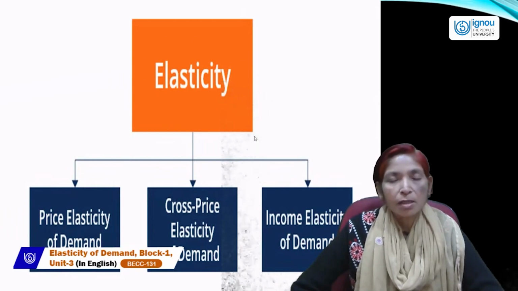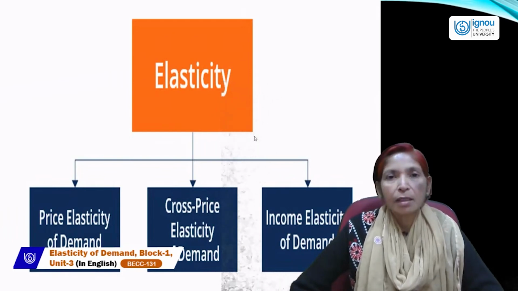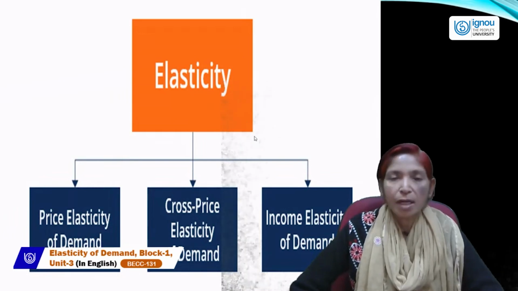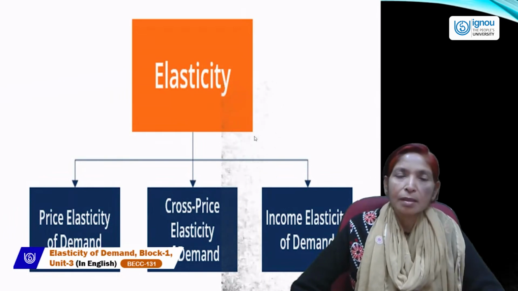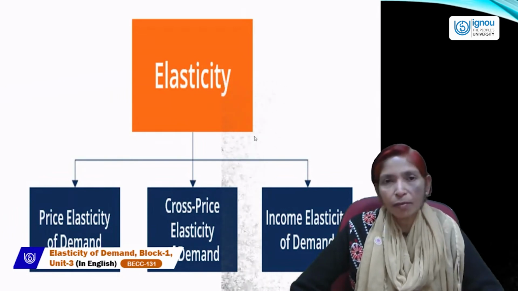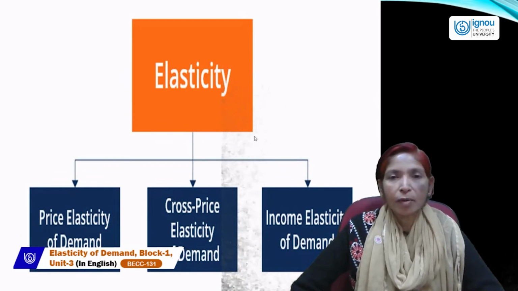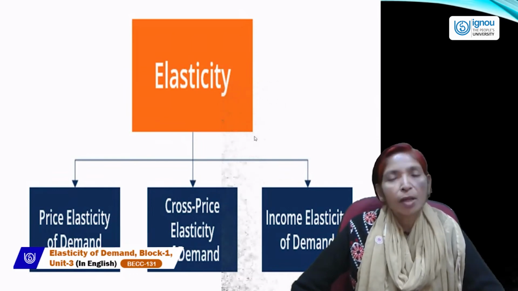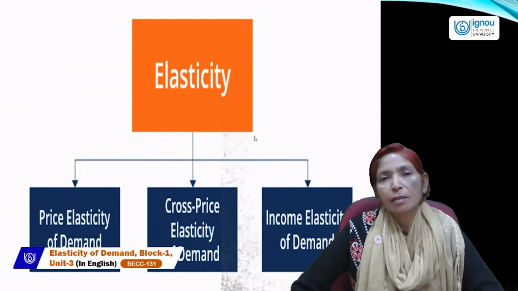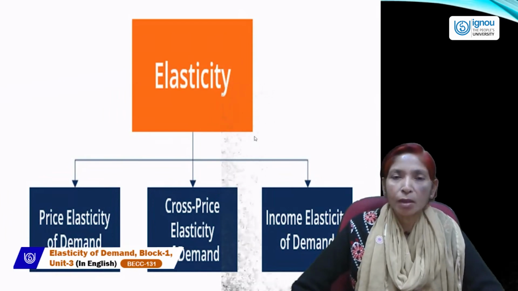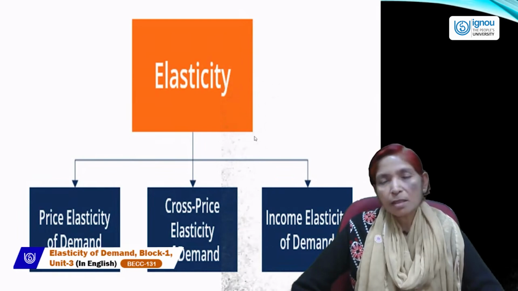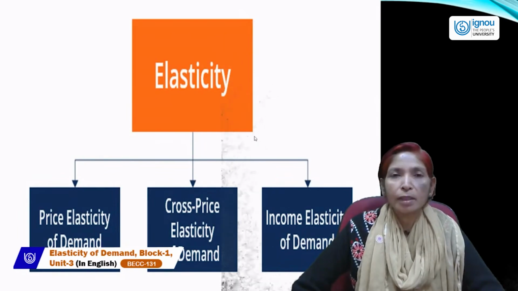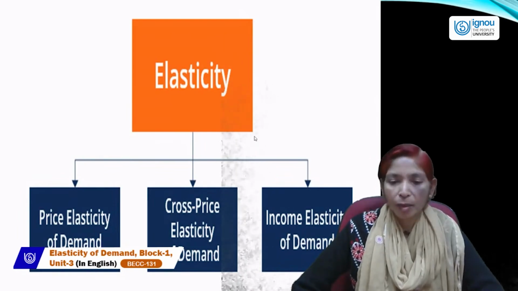It means generally we can classify elasticity into three broad categories. Cross elasticity of demand is generally related to the price of related goods. Price elasticity of demand is related to the price of the commodity. And income elasticity of demand is related to the income of the consumer.